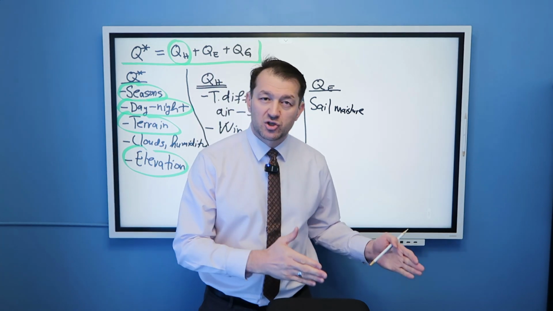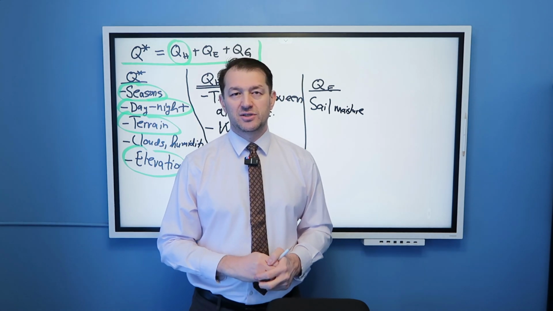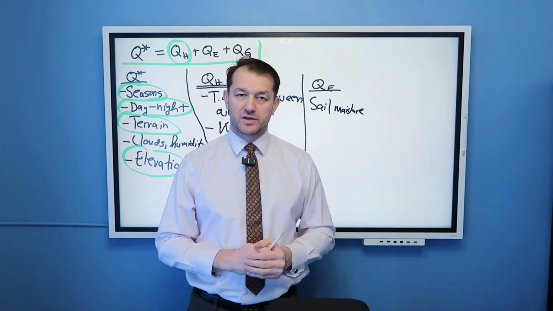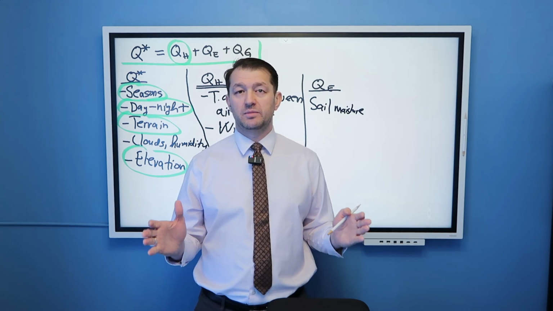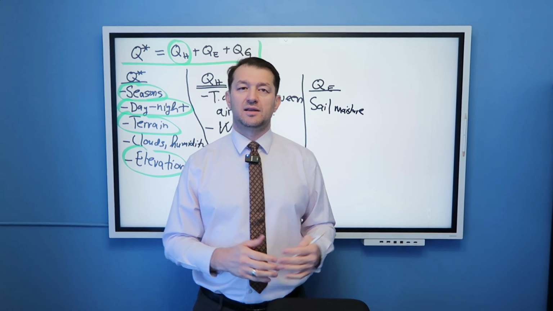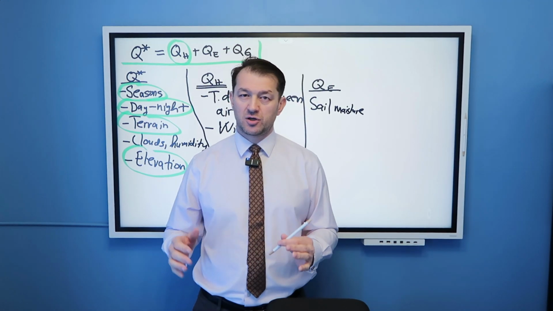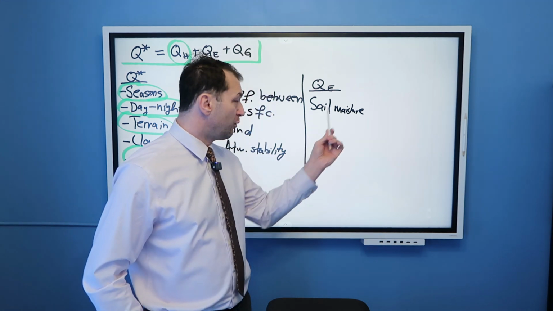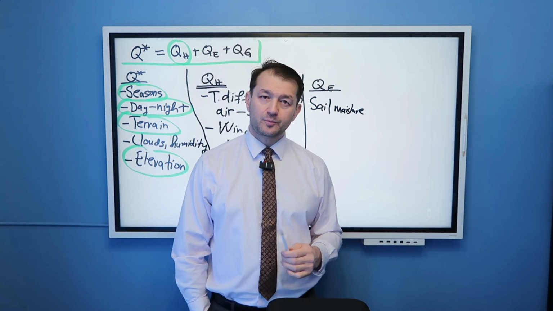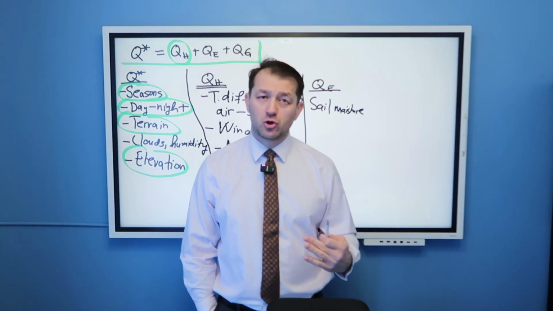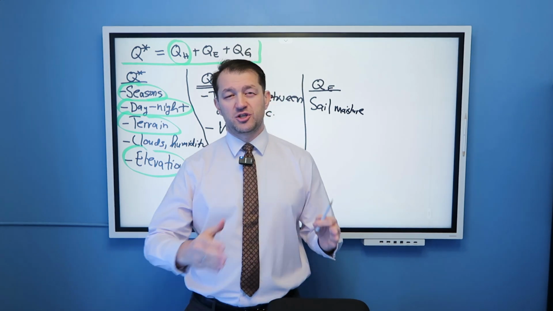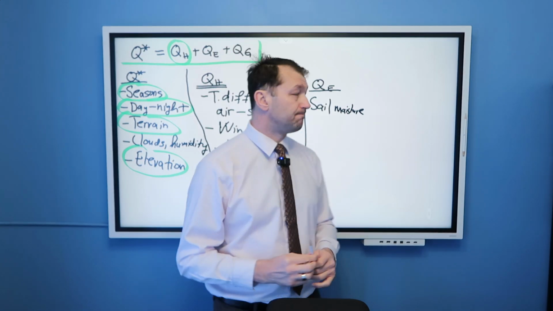If the soil is very dry, such as certain desert regions, then this flux is very small, and we have something in between for soils that are between these two extremes. For example, forests and agricultural areas can have quite large QE, because there is a lot of so-called evapotranspiration, which is evaporation from the plants.